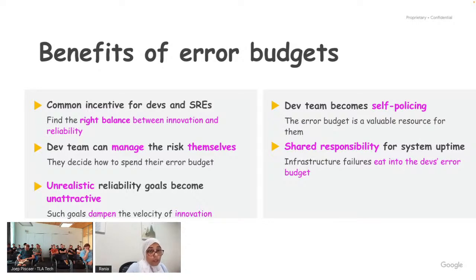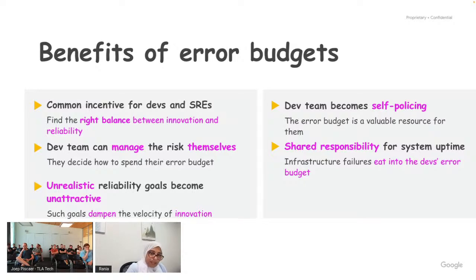While when we sit and define the SLIs, the SLO and the SLA with the business users and the stakeholders, we define the error budget, and we identify things that are not realistic, okay? Because it's definitely going to make the team unattracted, because they will not have the passion to innovate in such an environment.